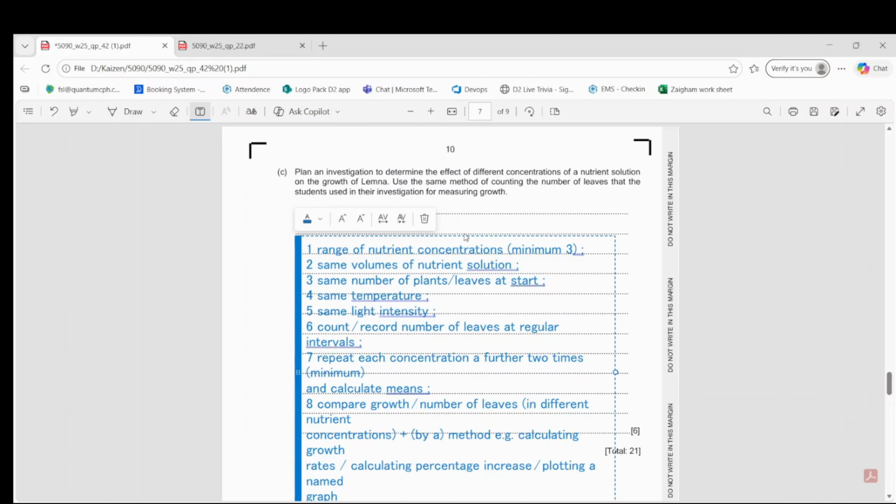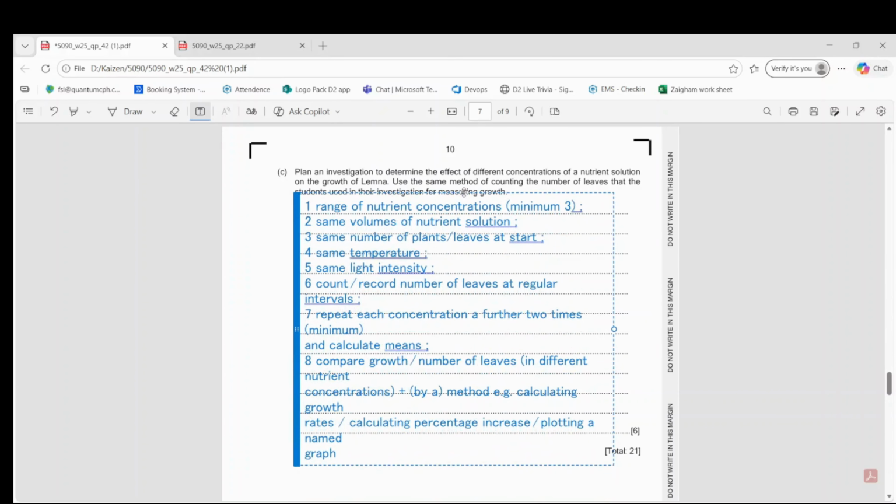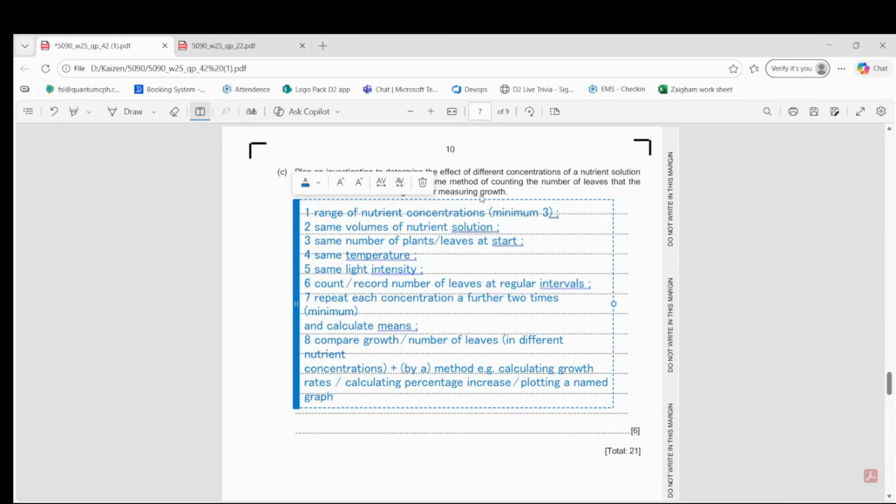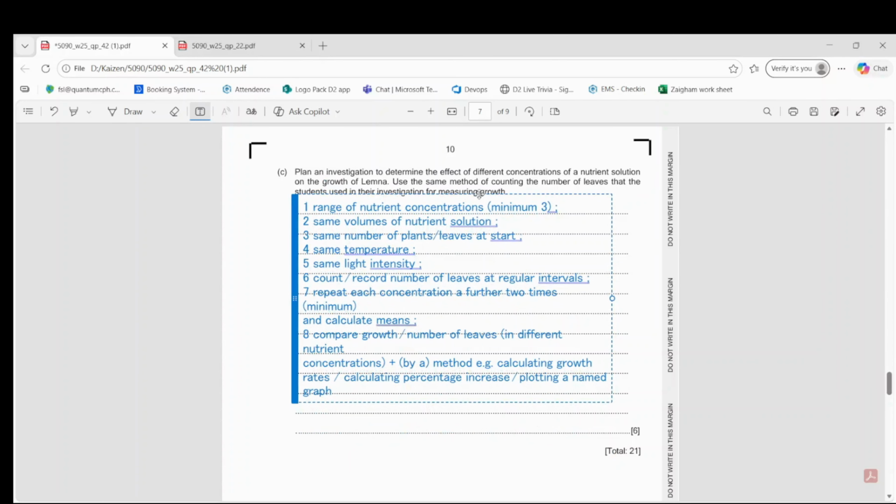So here, what is our independent variable? It is the nutrient concentration, right? Then the same volume of nutrient would be okay. Wait, listen to me. Independent is the nutrient concentration, dependent is the number of leaves that we count later on.